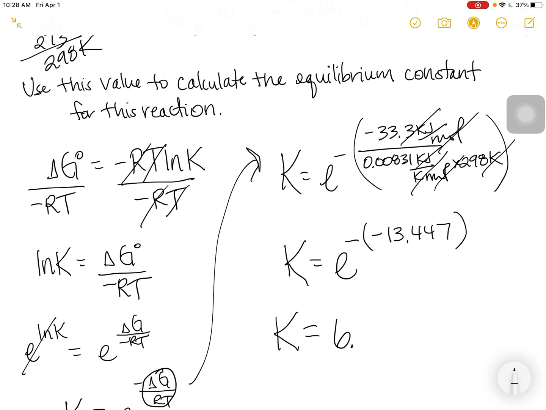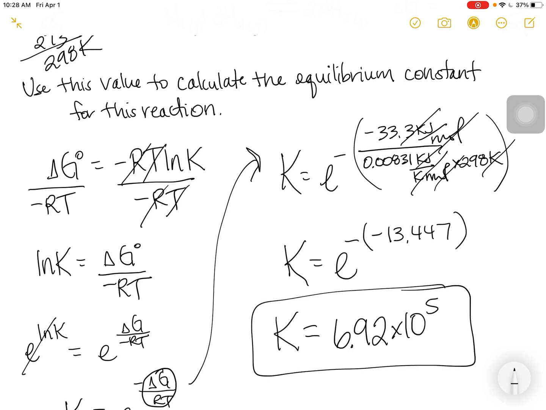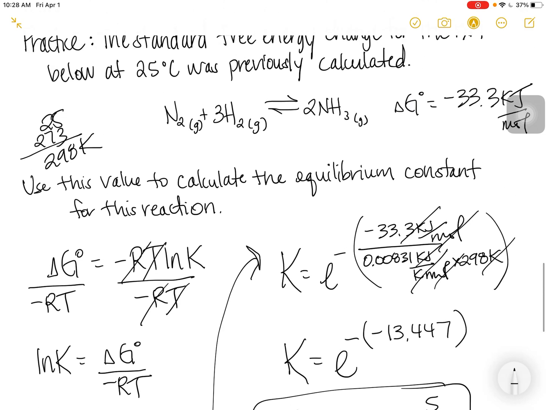Having a calculator error. Give me 1 second. Yeah, I got something like 6.92 times 10 to the 5th. So this is a huge value of K. But again, stop and think about this. That makes sense. This reaction is spontaneous. It's proceeding in the forward direction. So my ratio of products to reactants is going to be quite large, and I would expect K to be large.